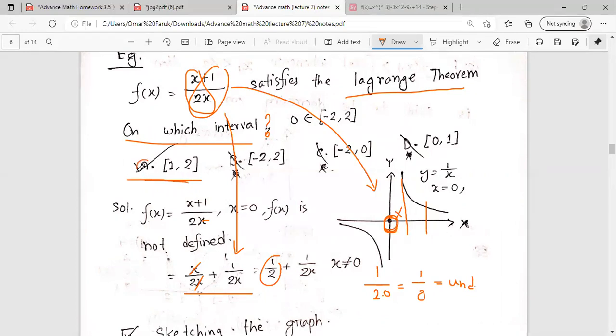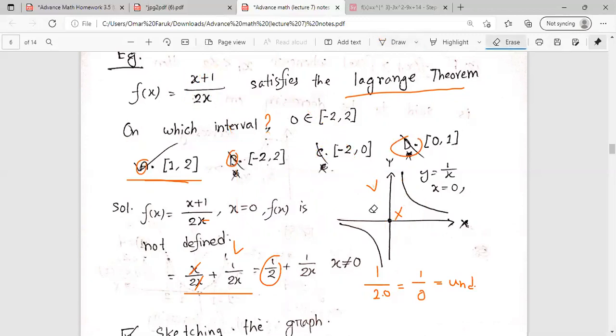So we have four options: A, B, C, D. In D we have 0, 1. That means it includes 0, but we cannot take 0, right? Because if x is equal to 0, then our function is undefined. Then here minus 2, 0. We again have 0. That means we cannot take this, also this one. We have minus 2, 2.